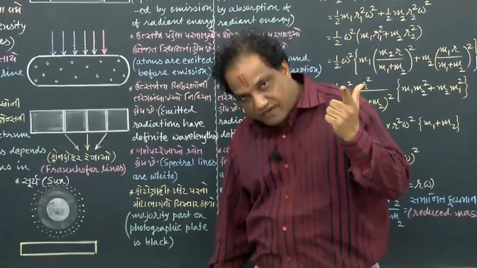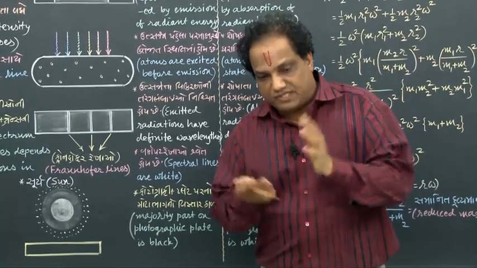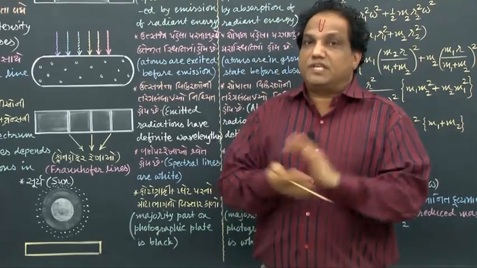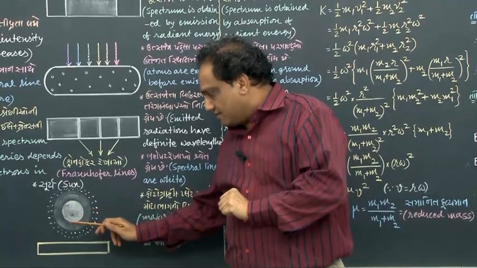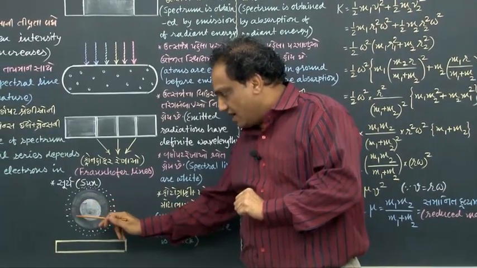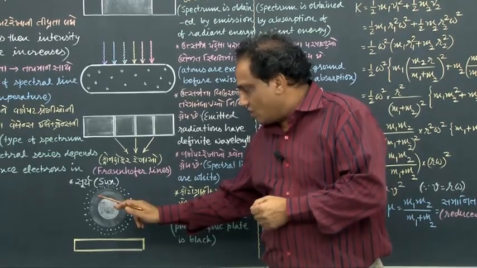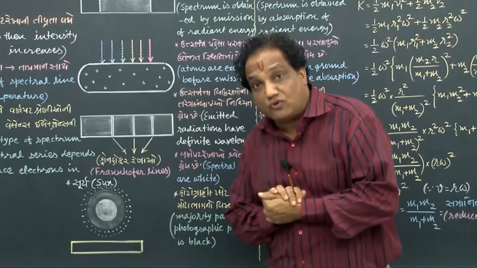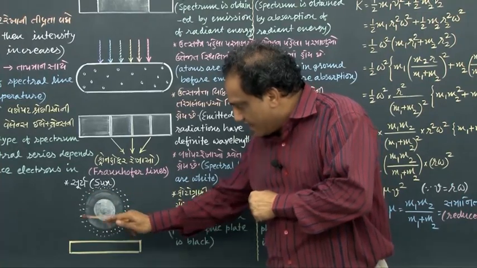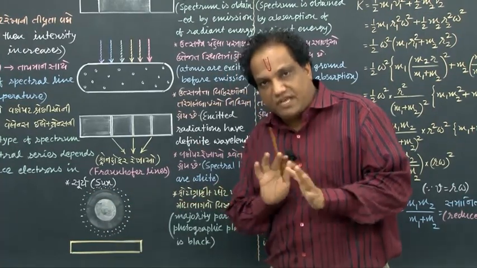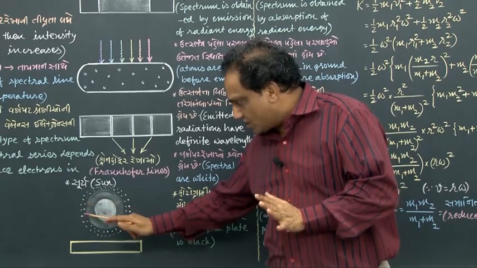Fraunhofer lines. Okay, fine. In the textbook they give one very good example of this absorption spectrum. What is the example? I am showing you. Here is the central part of the sun, and here is a surrounding layer, say the surface of the sun you can say. It is called the photosphere. And surrounding the photosphere we have a layer of gases in which there are atoms, which are shown here by dots.